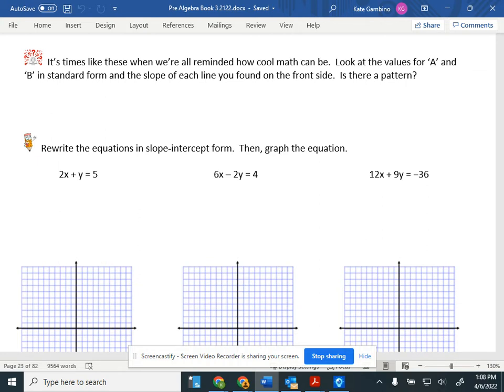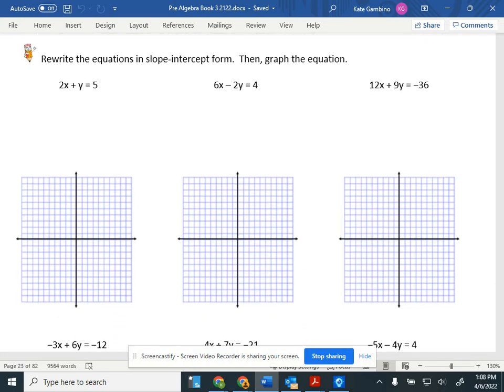Look at the values for A and B in the standard form, and the slope of each line you found on the front side. Is there a pattern? Oh boy. So when you're doing all the work on the first page, then you're going to answer that question and see if you found a pattern.